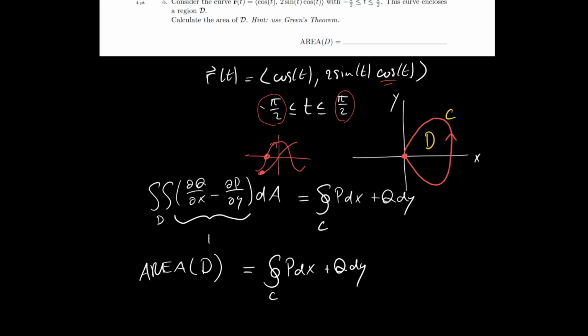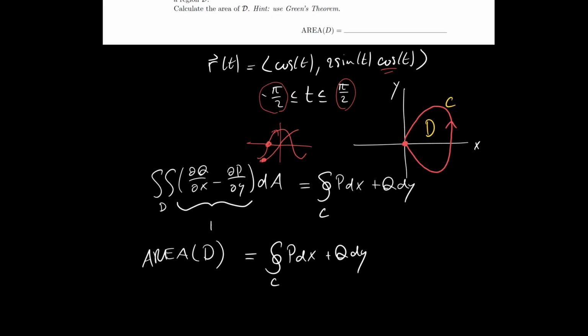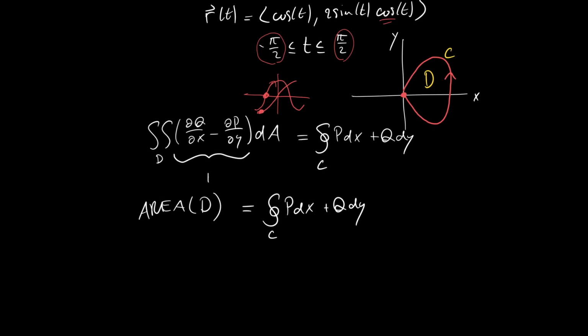All right, so that's something that we might want to use. Now we have to choose p and q such that those derivatives add up to 1. There are many ways to do that. Let me just choose p and q such that this works, but this is just one possible choice, and you can do many more. I will choose p equal to minus y and q equal to 0. That will simplify everything.